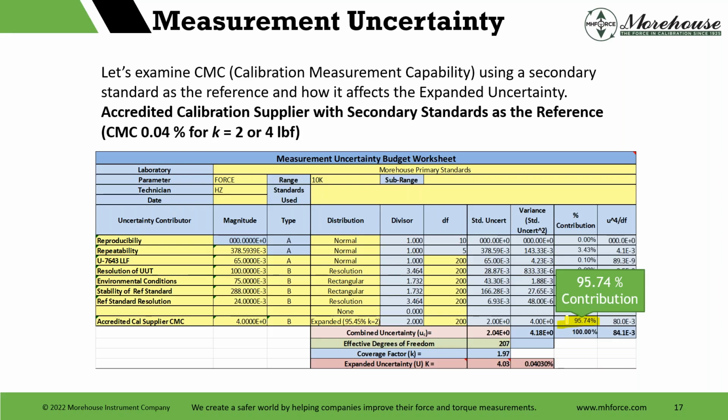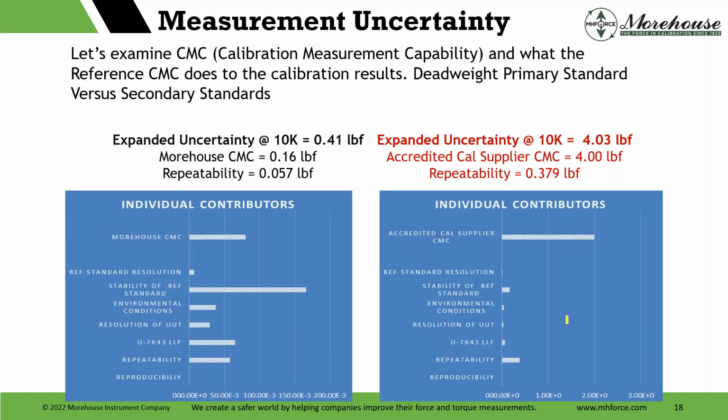In this case, it was 95.74%. So if I'm the lab and I want to lower my overall uncertainty, I probably need a different calibration provider if I'm going with further tiers down on that hierarchy. Maybe I move up a tier. Maybe I move up 2 tiers. It's all dependent.